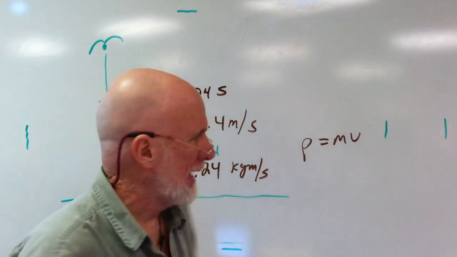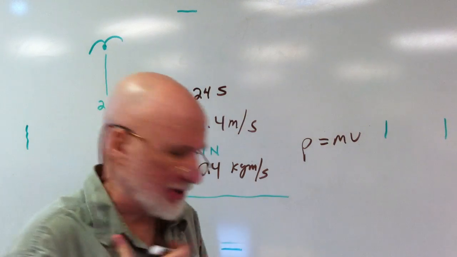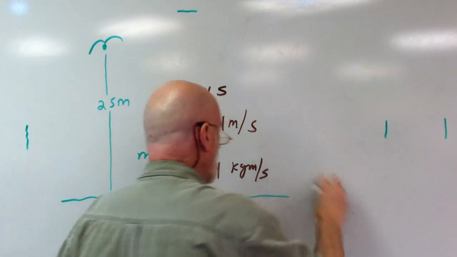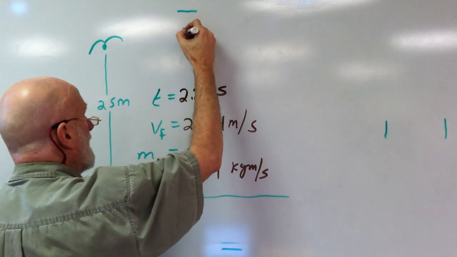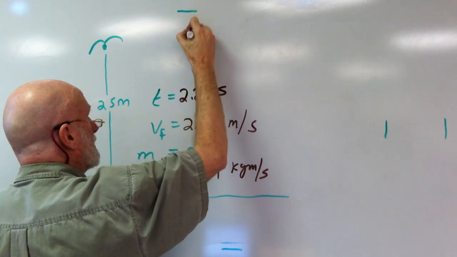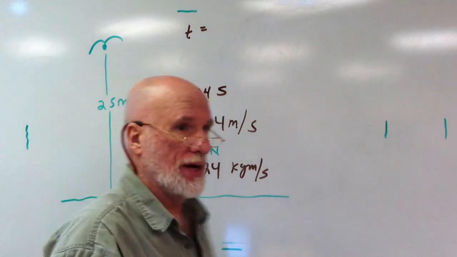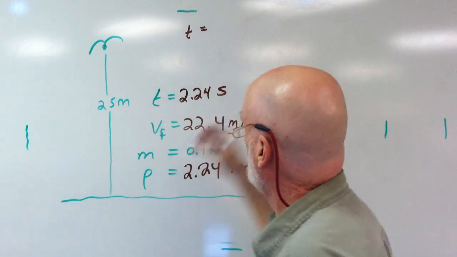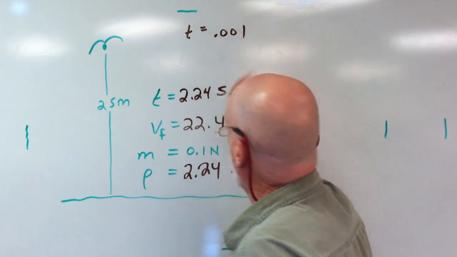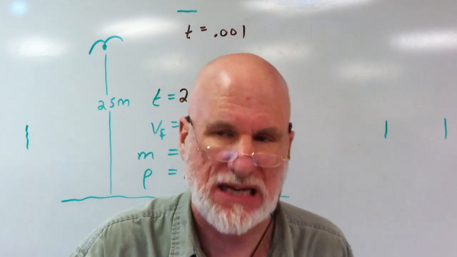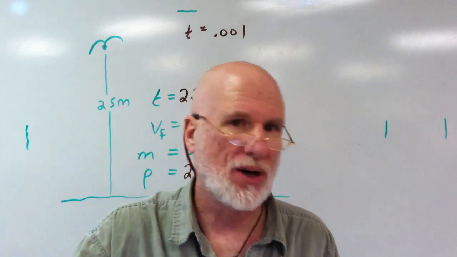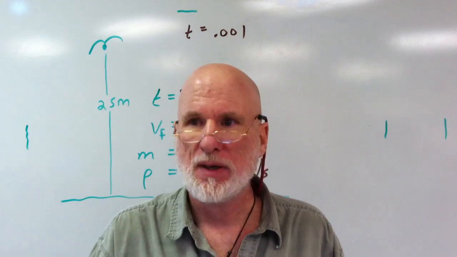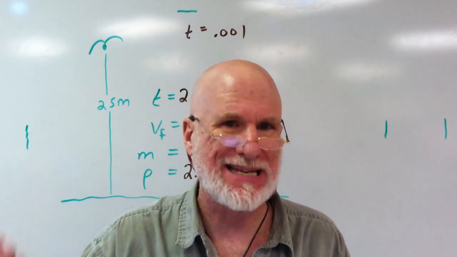Now I'm going to say that the time in which it stops is going to be 0.001 seconds. We're not going to say it bounces, even though it does, and adds to the impulse. We're just going to say, boom, 0.001 seconds. That's instantaneous.